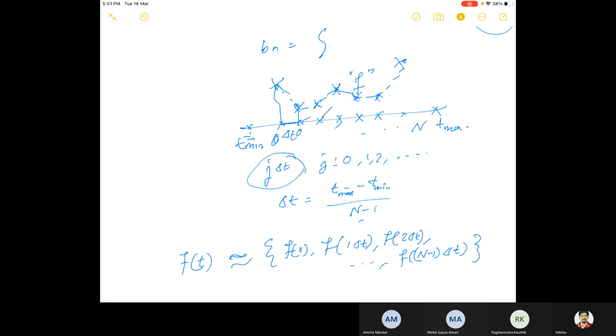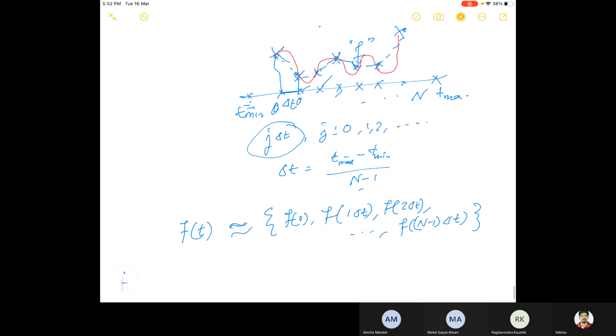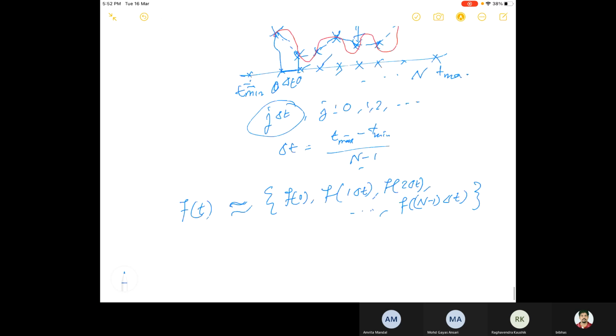From these values I want to reconstruct the signal. This is one way to do it, but you can have other ways too. Basically, from these finitely many values, I want to reconstruct my f of t. But then the question is, how many points are good enough?